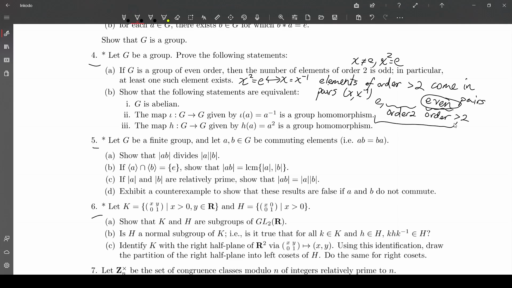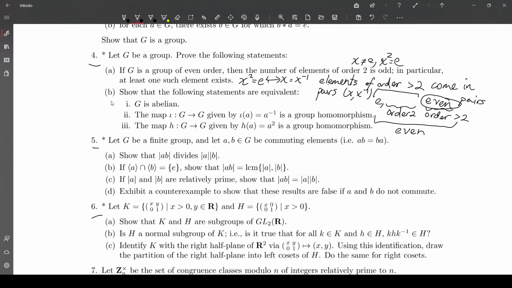Now we know there's an even amount of group elements in total, and so that means that there's an even amount of elements who are their own inverse. But since e is among these, and e is order 1, technically, that means that the number of elements of order 2 is 1 less than an even, which means it's odd. Okay.